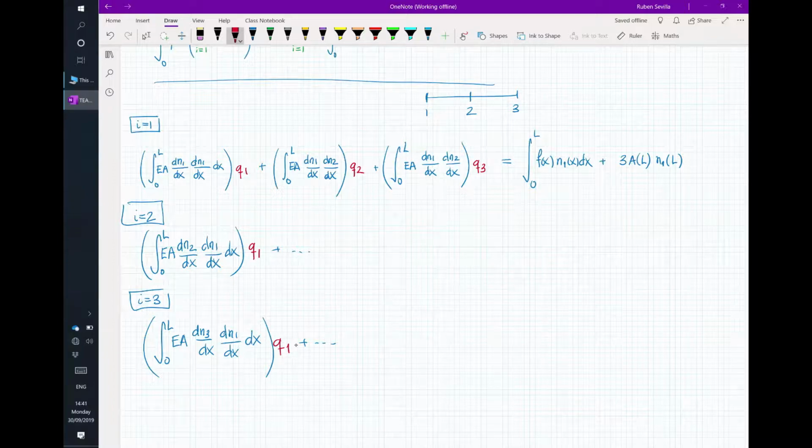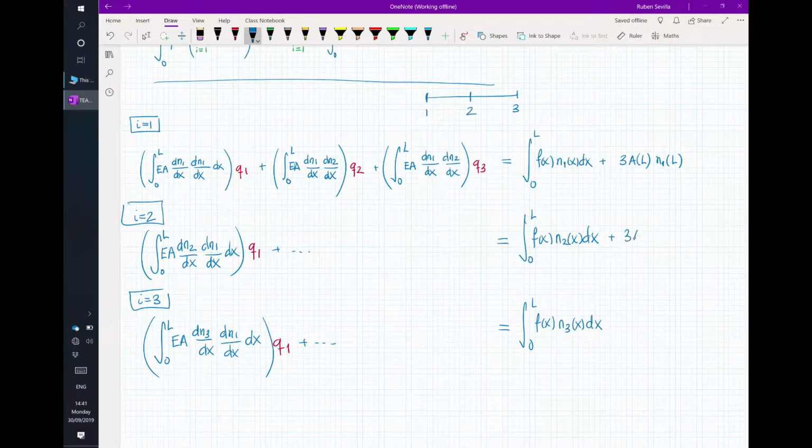So the more points I put, the bigger will be the system. Today I'm doing everything quite step by step. It's the first problem. Bear with me. It's not going to be always like that. dN3/dx. And I want to talk a bit about the last term here, actually.